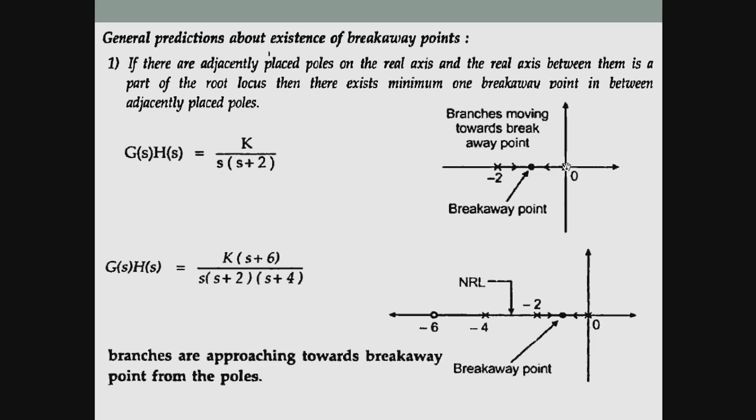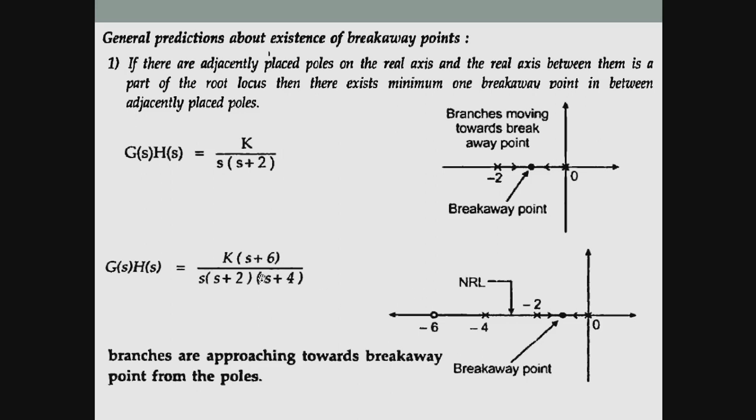Both poles are adjacent, so there will definitely be a minimum of one breakaway point. Let me take the next case.